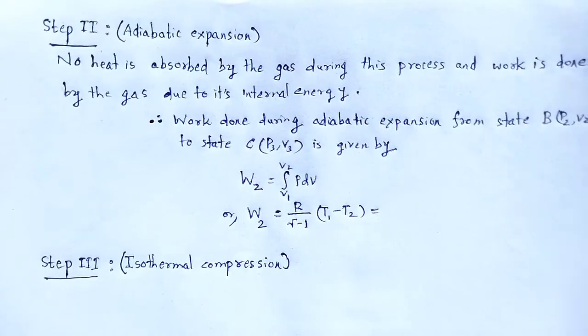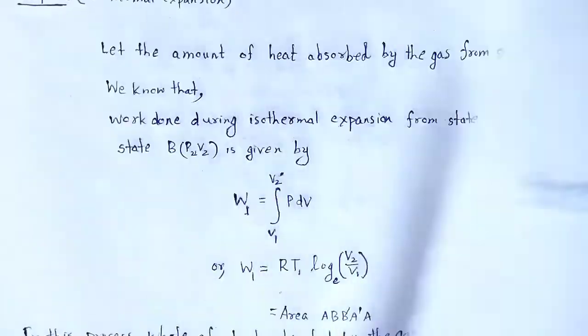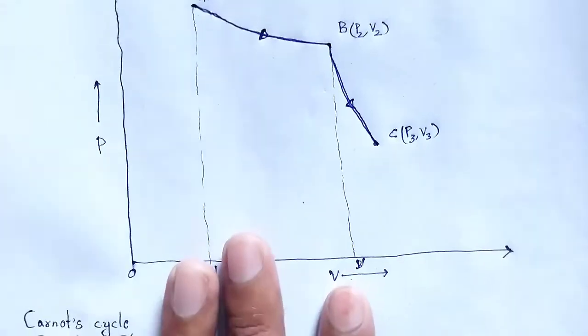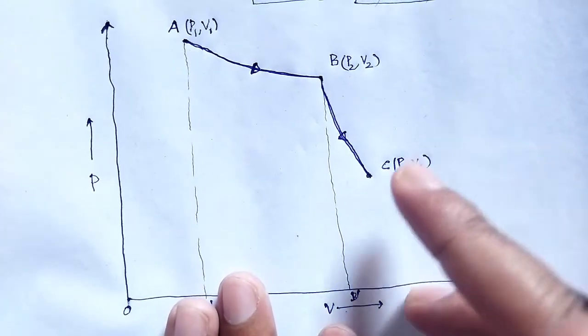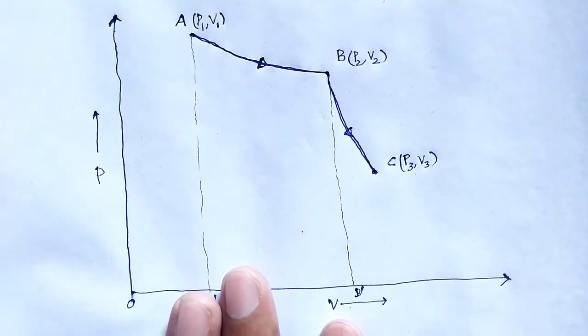And what is the work done? We have to calculate from the PV diagram, that is the area under the curve BC.